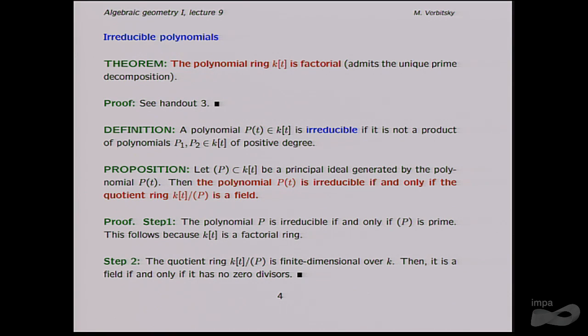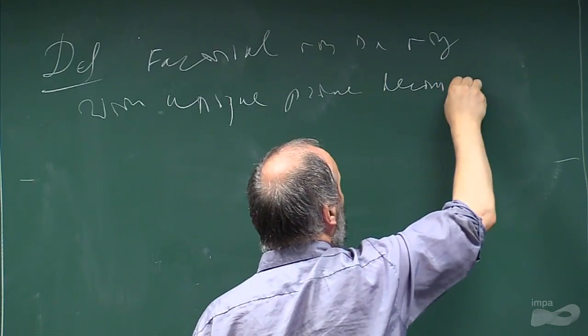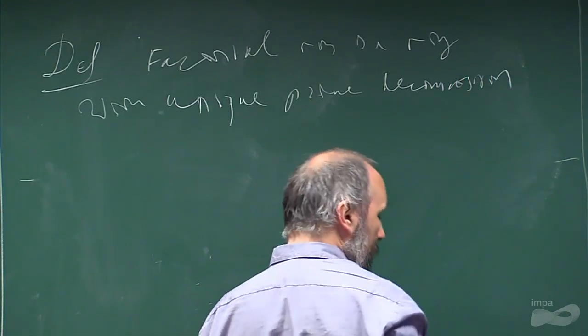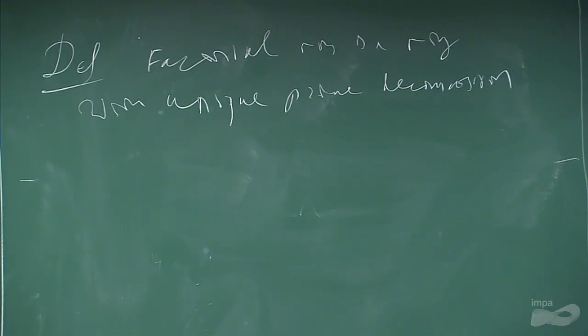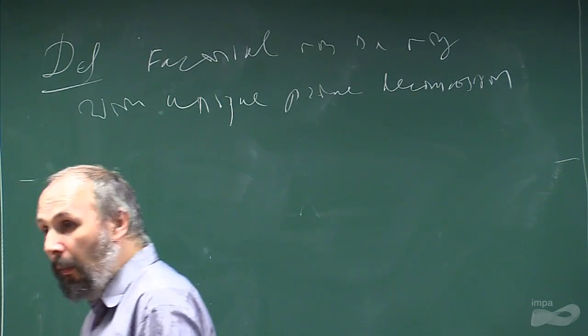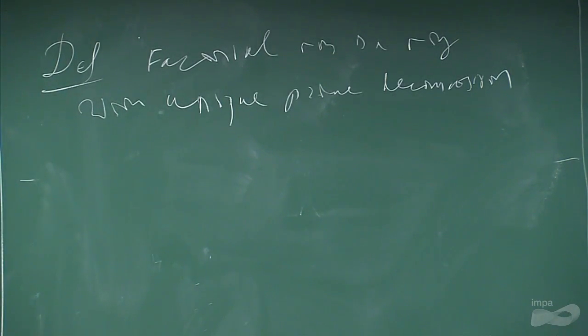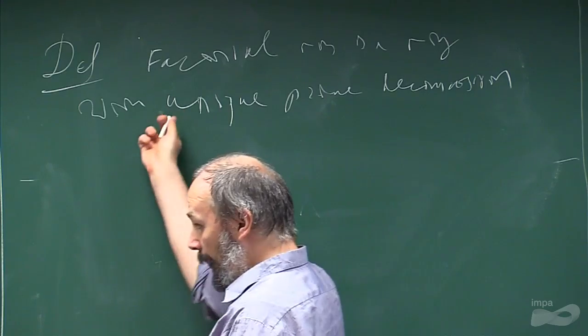A factorial ring is a ring with unique prime decomposition. It's slightly weaker than a principal ideal domain. Every principal ideal domain, like Z or polynomials, is factorial; principal ideal means that all ideals are principal, generated by one element. So this is slightly weaker.